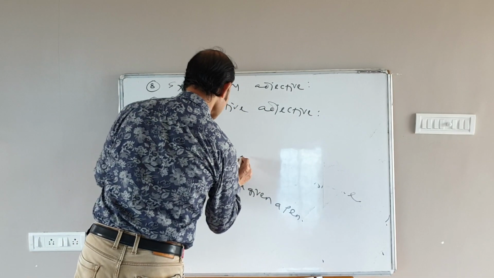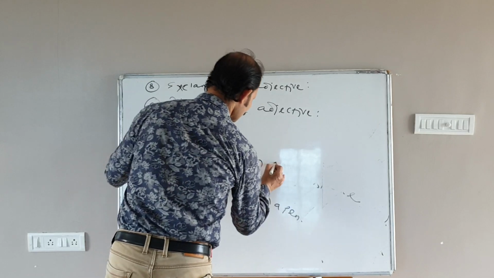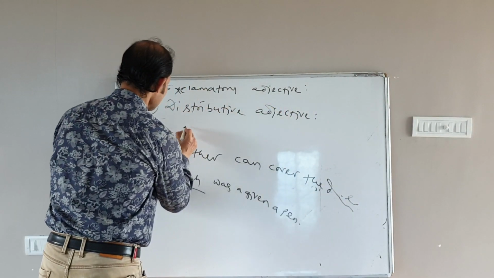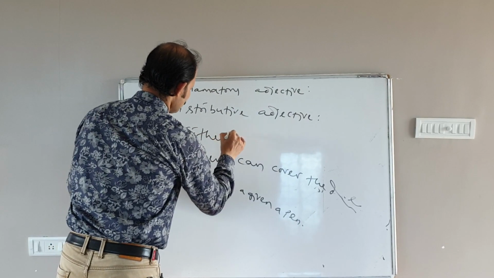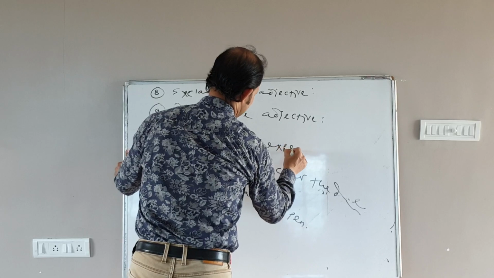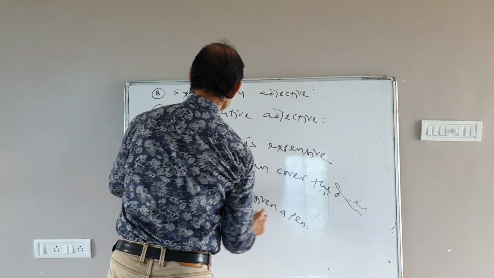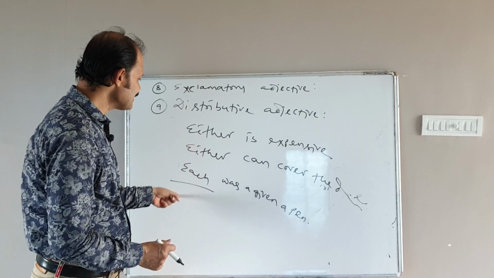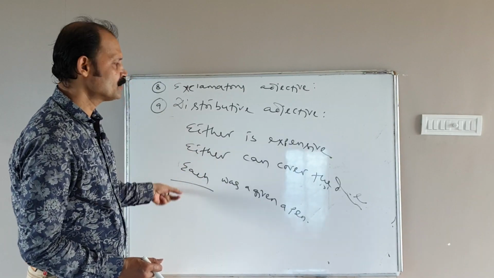If I say either can manage or either can cover the distance, or if I say either is expensive, that means both of them are expensive. Individually I am referring. So in this case it is a distributive pronoun.